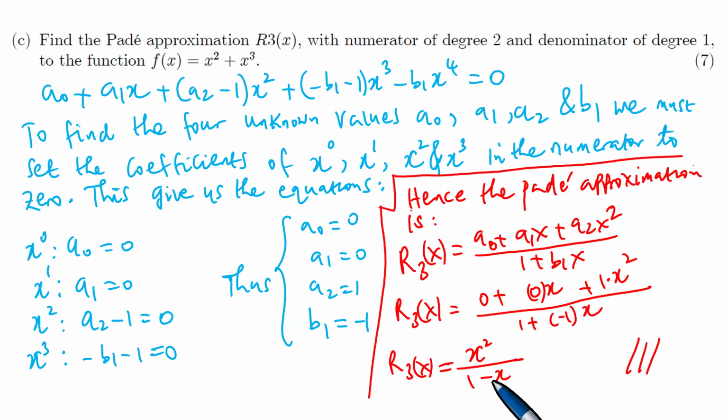All right, so this becomes exactly the answer, and this becomes the Pade approximation. Hence, the Pade approximation is this one. So in other words, you have learned the Pade approximation. Because it's R3, we're going to stop here at the X cubed. There's no need to proceed to the X to the 4th power because it is R3 of X.